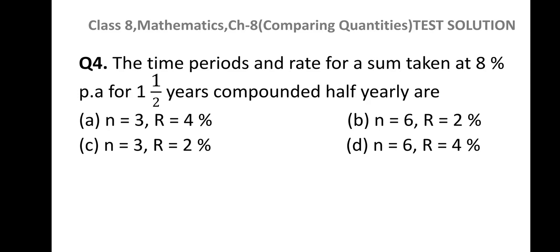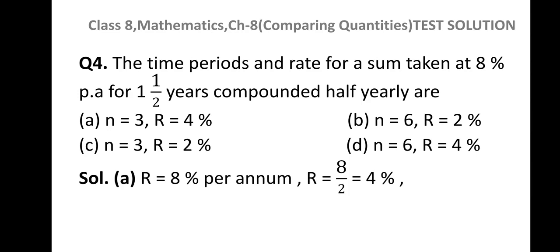So, children, you must be aware that when the interest is being compounded half yearly, we need to divide the rate by 2 and the time is to be multiplied by 2. So, if the rate percent is given to us as 8%, if I divide 8 by 2, I will get 4%.